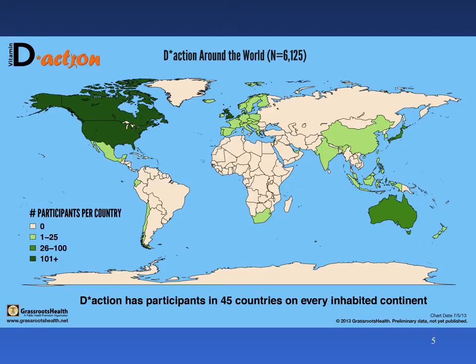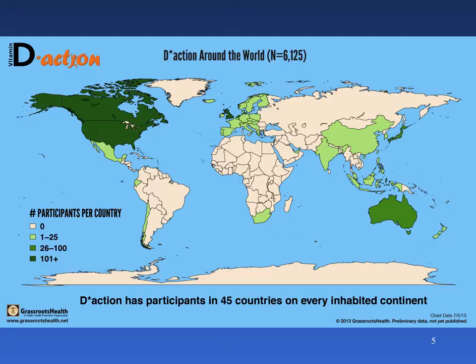This map shows where D-Action participants reside around the world. Countries colored with darker greens have more participants than countries that are lighter green. The D-Action study has participants in every U.S. state and in 45 countries worldwide. 80% of the participants live in the United States.